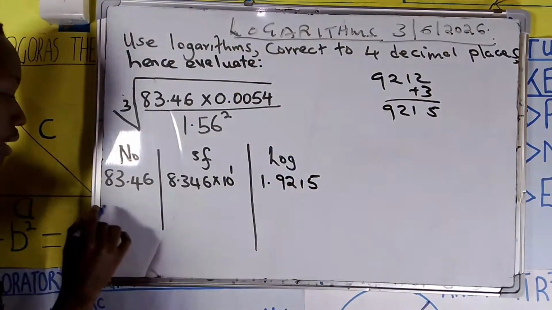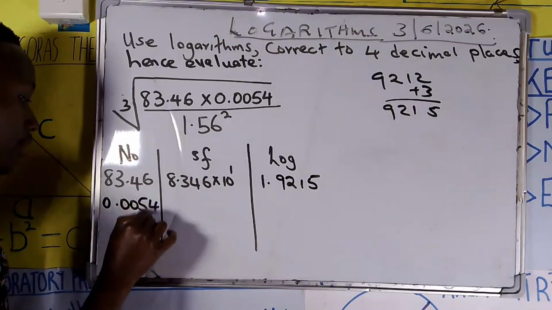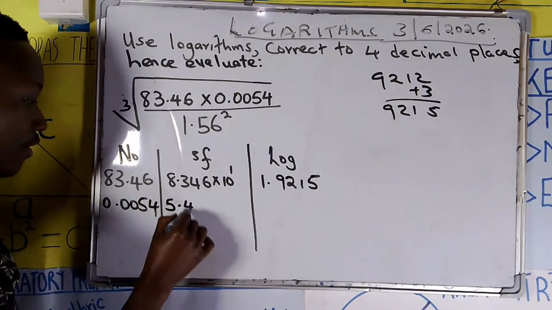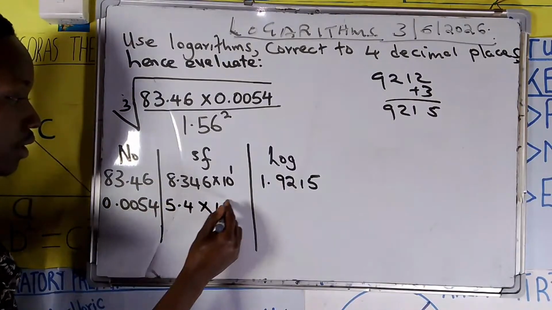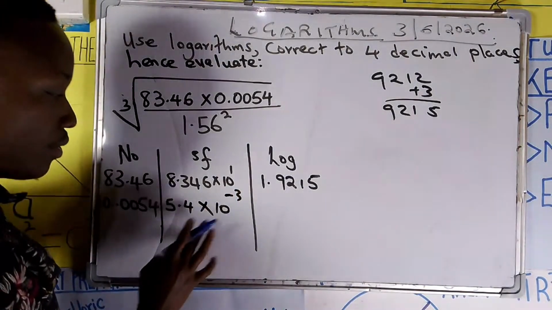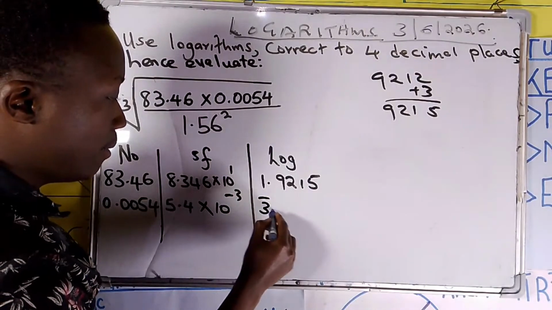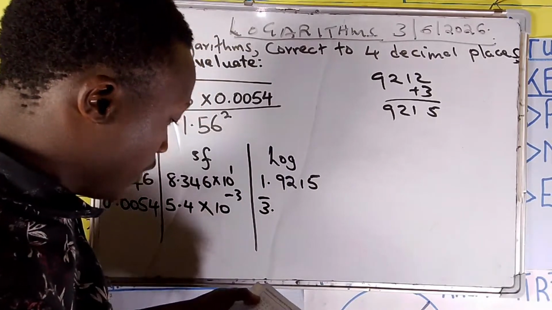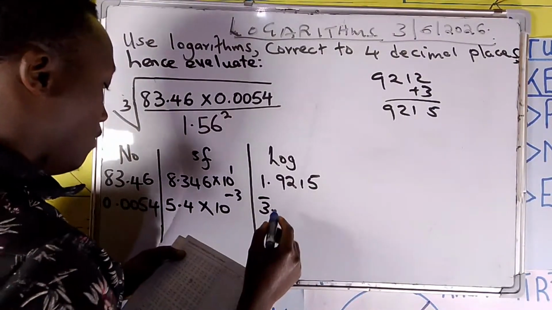Then we proceed to the second number, 0.0054. In standard form it is 5.4 times 10 to power negative 3. So the logarithm is bar 3 point, and 5.4 is 0.7324.